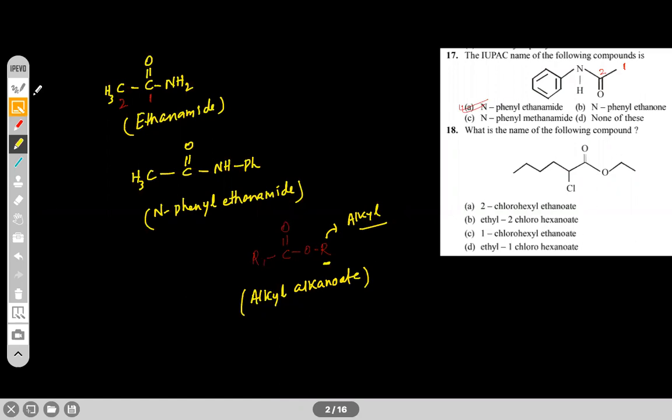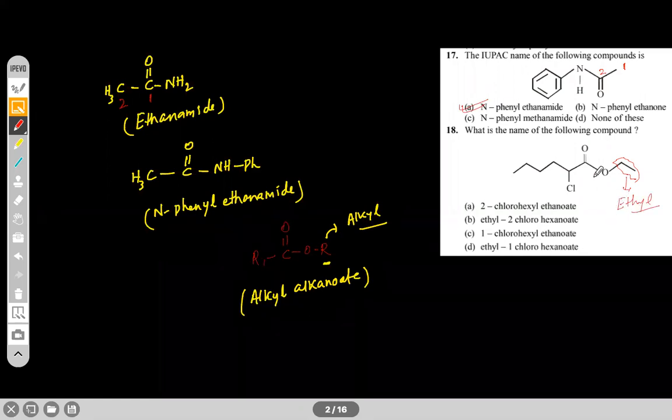So in this compound, the R group attached to the oxygen is ethyl because you have 2 carbon atoms. And here we have 1, 2, 3, 4, 5, 6.